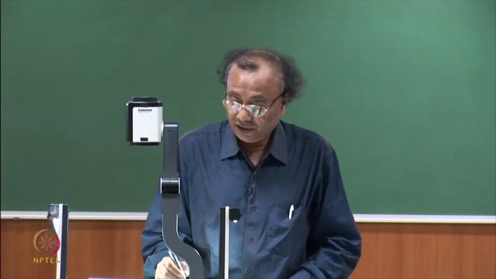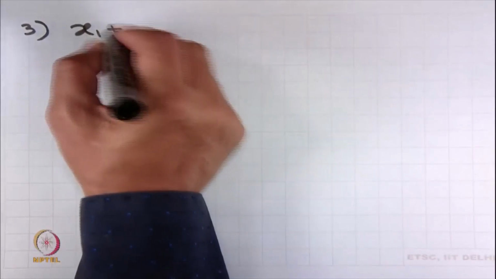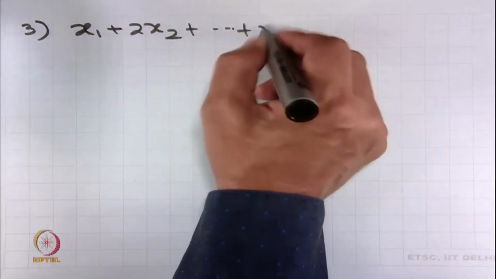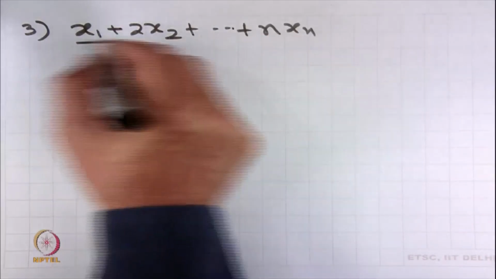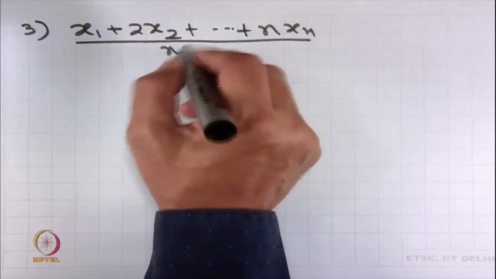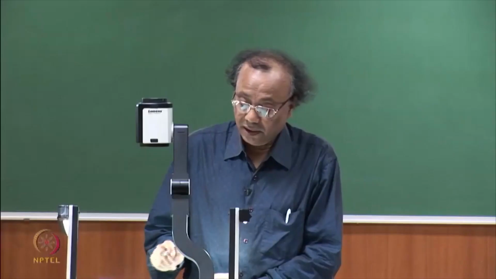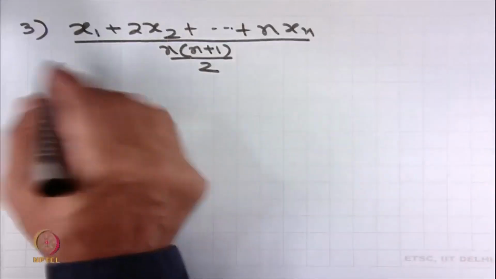Let me consider this also, x 1 plus 2 x 2 plus up to n x n upon n into n plus 1 by 2. What is the variance?